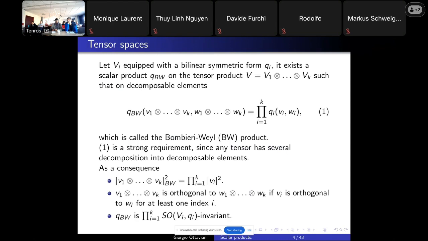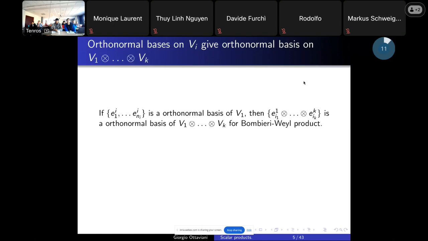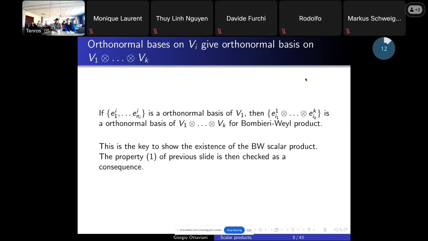There is, of course, a main difference: it's difficult to have a higher form with the conjugate, but still the exercise works, and this remains true.